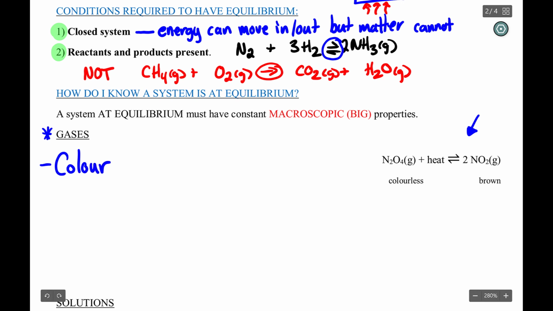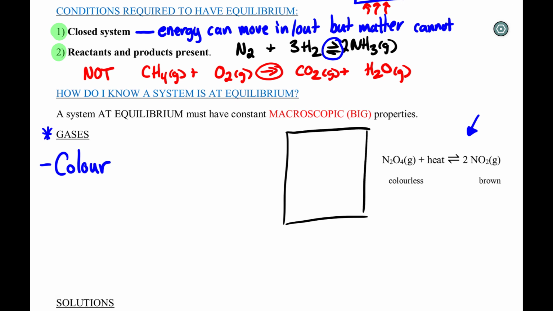So again, I'm going to have you imagine I have a vessel, it's clear, it's glass, and inside of this vessel I have dinitrogen tetroxide and nitrogen dioxide. So essentially what these things are doing is they're bouncing around this container.